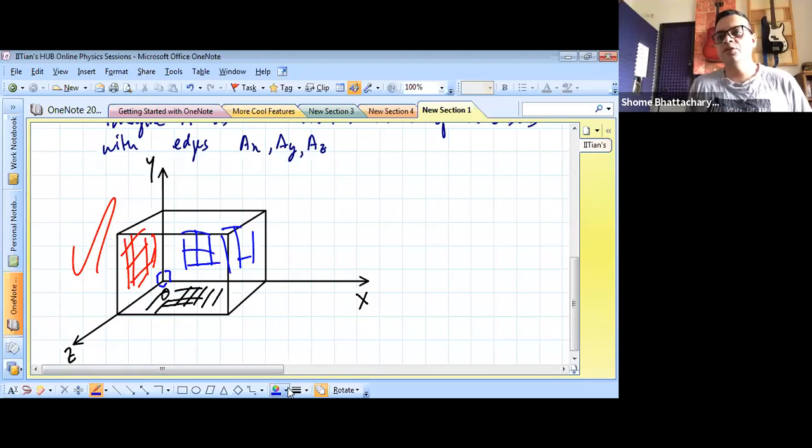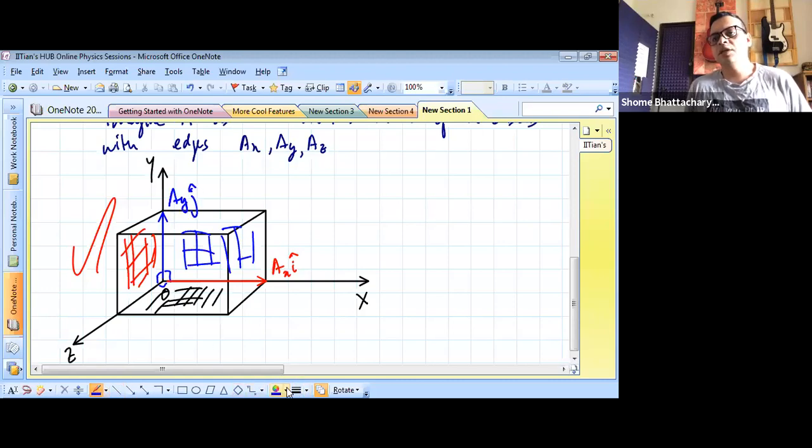Now in this, if you visualize this edge of length Ex, you can think of this vector as Ex i cap. Similarly, this edge of the cuboid, of length Ey, like the height of the cuboid, represents Ey j cap.